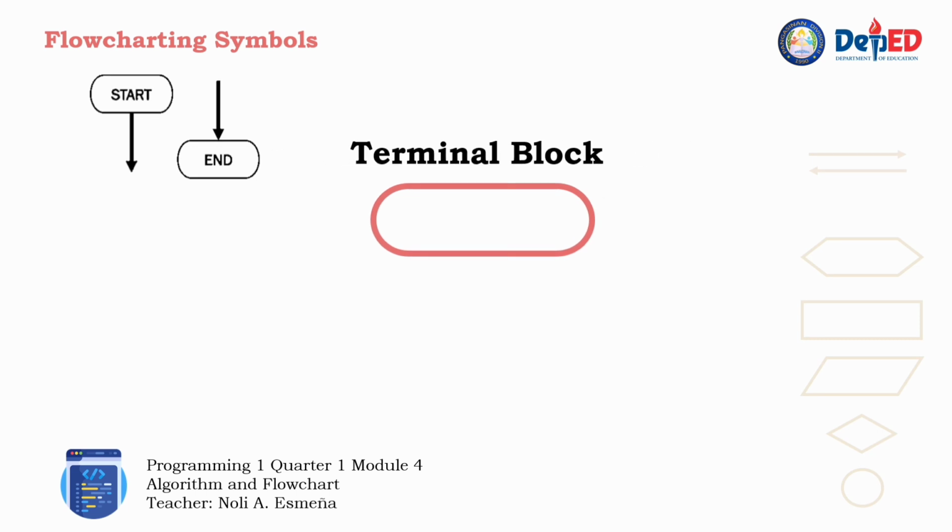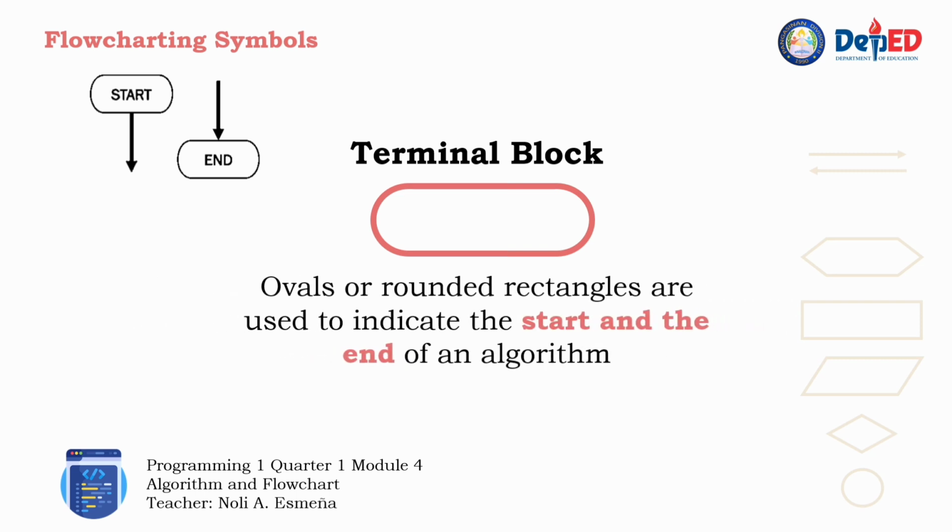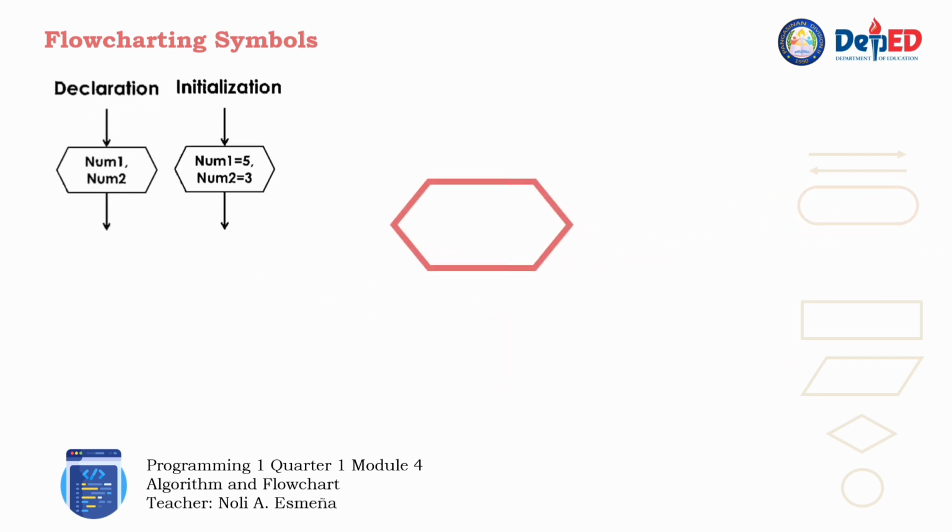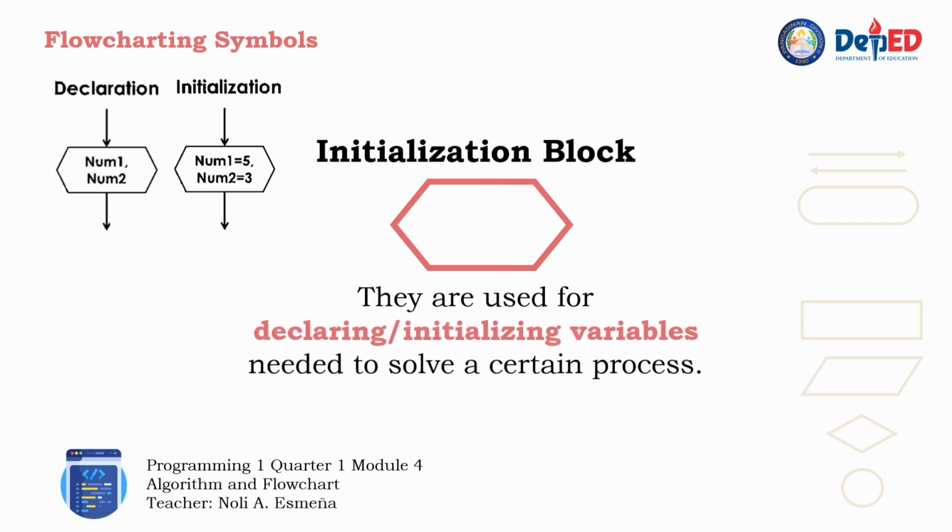Terminal block. Ovals or rounded rectangles are used to indicate the start and the end of an algorithm. Initialization block. They are used for declaring and initializing variables needed to solve a certain process.